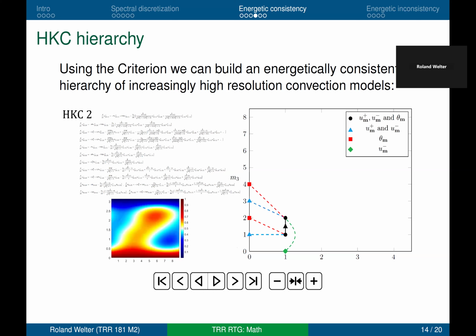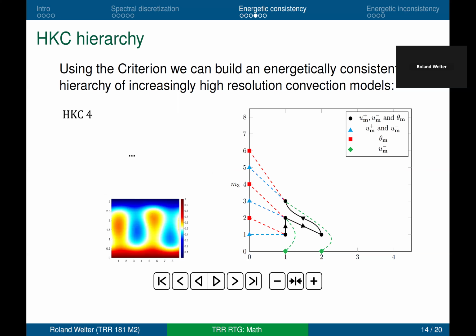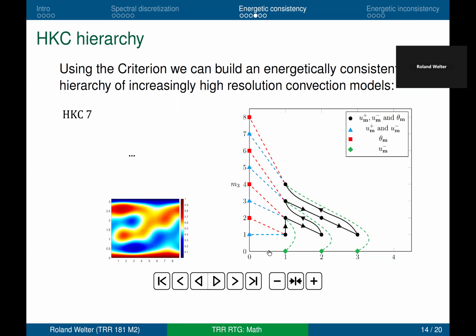We adjoin another mode, and the energetic consistency criteria requires that we also attach this mode of twice the vertical spatial resolution. And we can keep doing this and build higher order ordinary differential equations and get more realistic fluid flows. And we can do this to arbitrarily high resolution, always remaining energetically consistent.